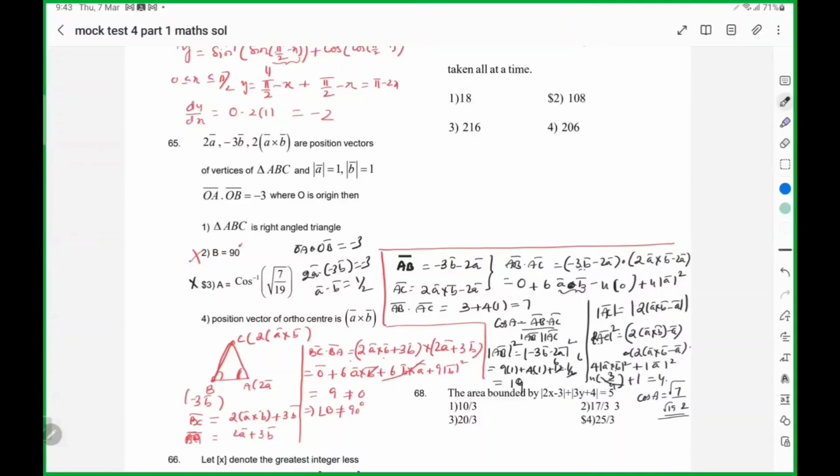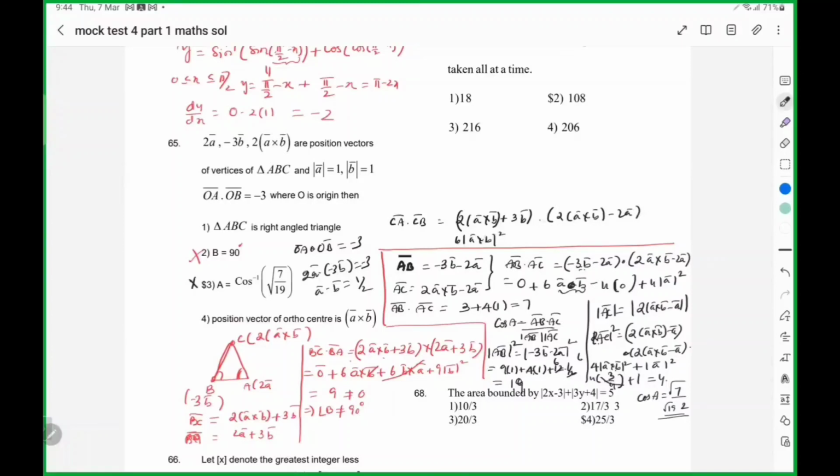So let us see, let us find out CA dot CB. 2 times A cross B plus 3B dot 2 times A cross B minus 2A. 6 times mod A cross B whole square.